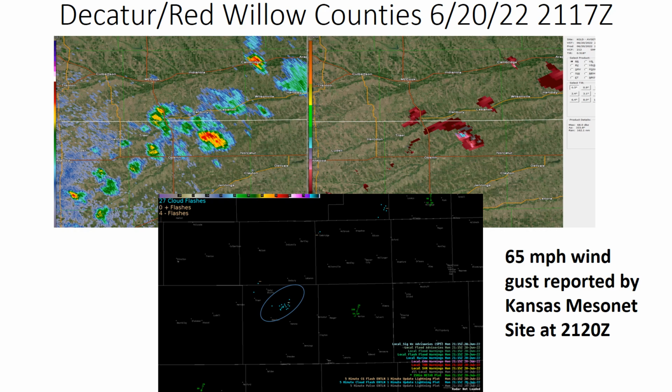And then you can see a KDP core beginning to develop as well. And then roughly 3 minutes after this radar grab, there was a 65 mile per hour wind gust that was reported by the Kansas Mesonet site.